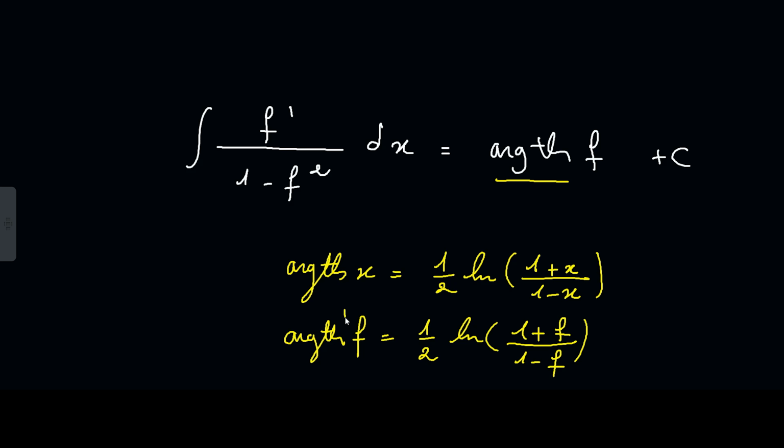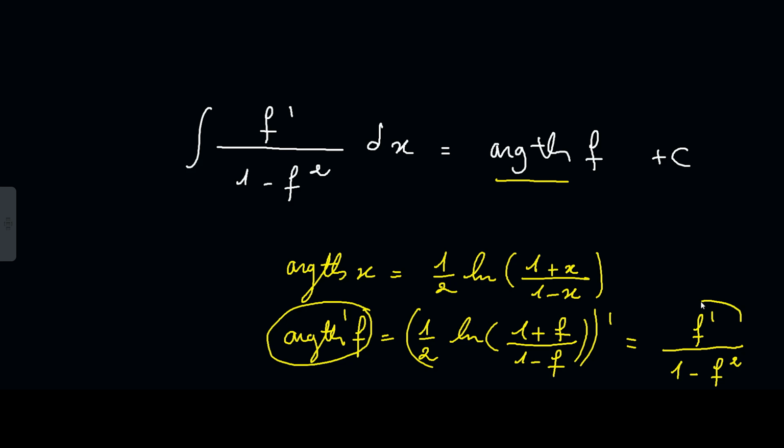And when we differentiate this function, it's going to give us f prime over 1 minus f squared simply. That way, this function without the prime is the primitive of this function. So the integral of this function is going to give us only this function without the prime.